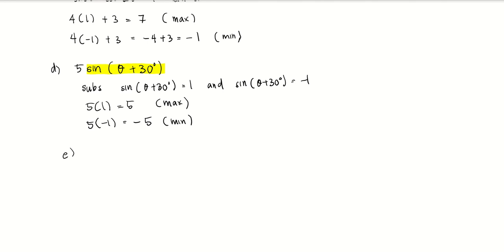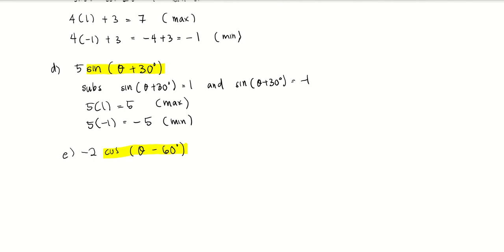So E is negative 2 cos theta minus 60 degree. Okay, so this is the same as the previous question, where we're going to substitute cos theta minus 60 degree.